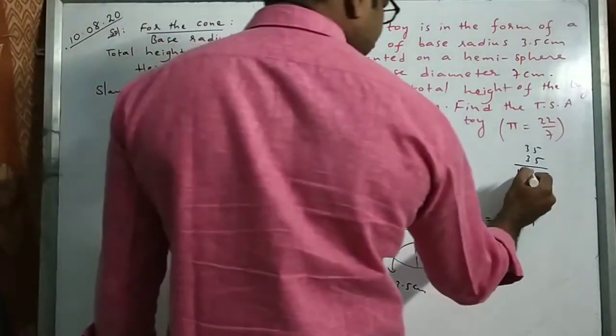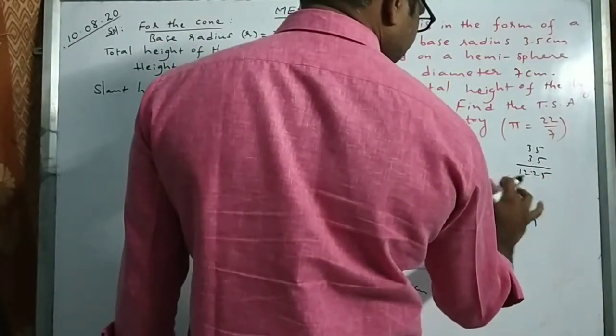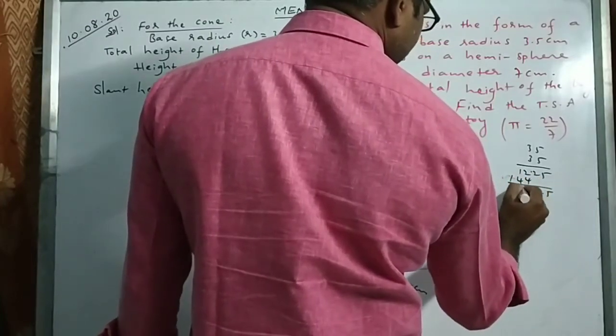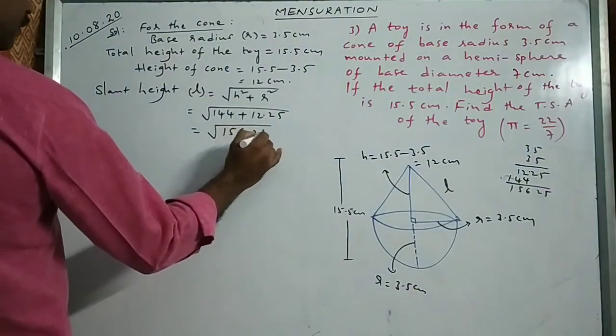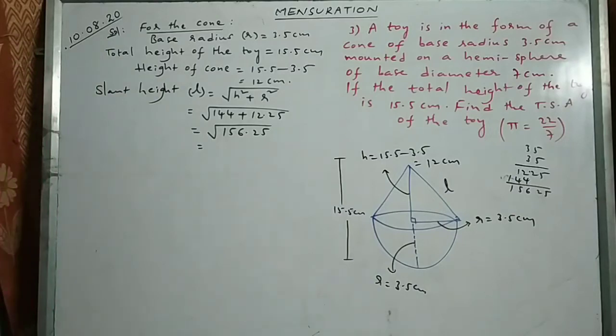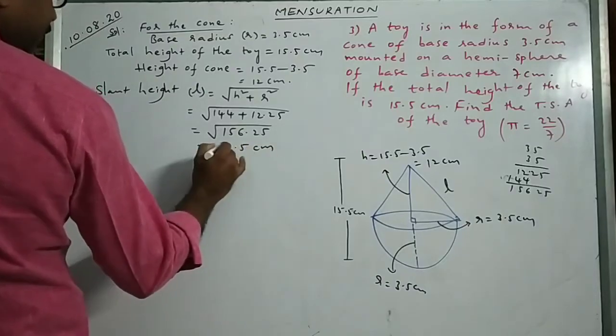So 12.25 plus 144 is 156.25. The square root of 156.25 is 12.5 cm.